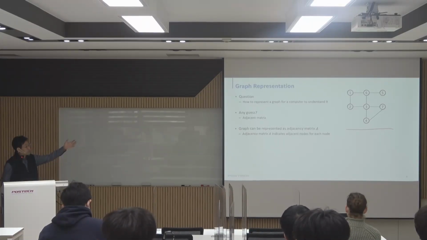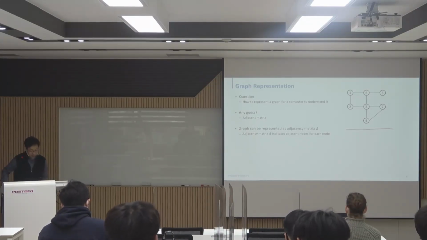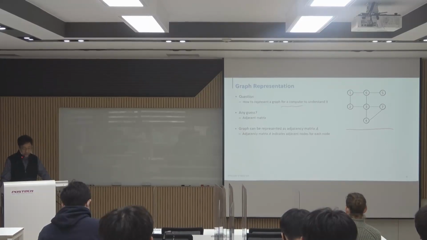We can draw it like this, and human beings like us have no difficulties understanding. But the problem is we have to let the computer know and understand. That's the first issue that we have.